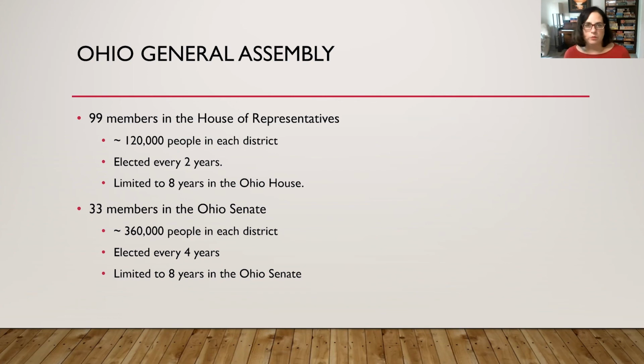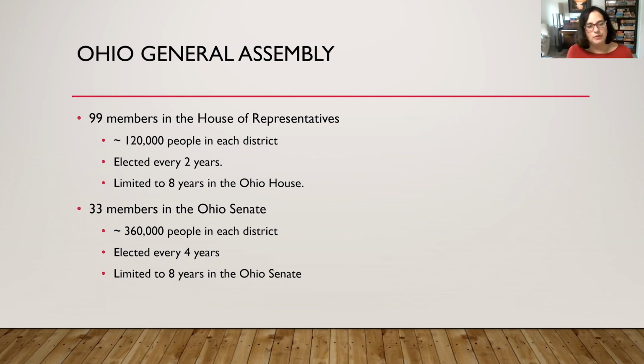Unlike the federal branch, where every state has 2 senators and Congress people that are based on the population. So in Ohio, we have 99 members in the House of Representatives, each person who represents about 120,000 people in each district. Those are counted on the census every 10 years.